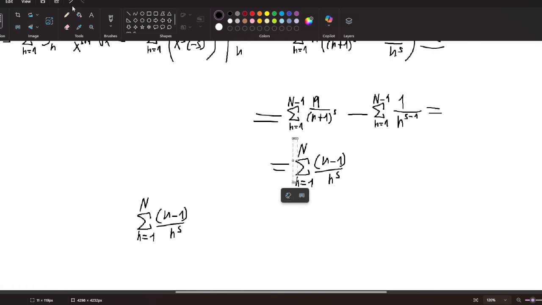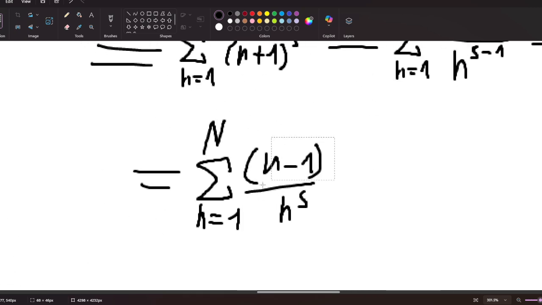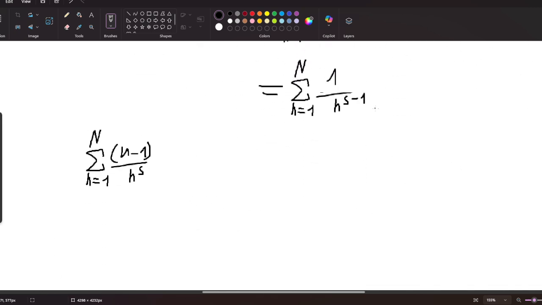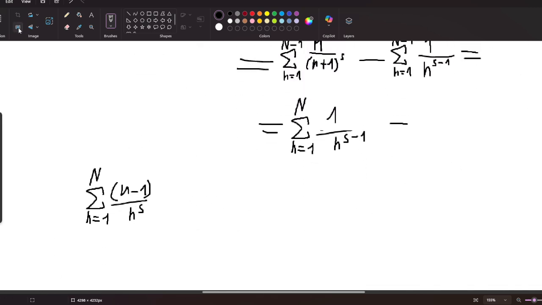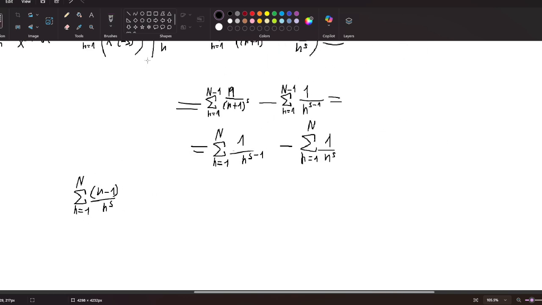It's going to be 1 over n to the power of s minus 1, minus the sum of n equals 1 up to capital N of 1 over n to the power of s, and then we subtract this.